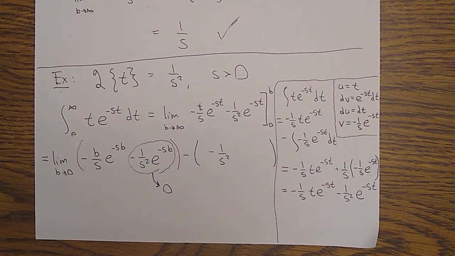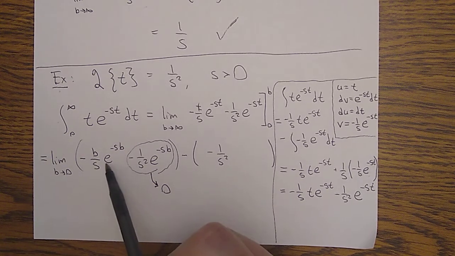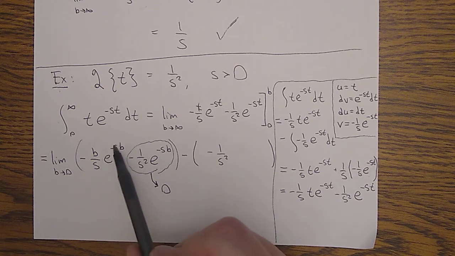It is not as obvious that this term is going to 0. For this term, there's a name for these, indeterminate form. This is like infinity times 0, because this part is going to 0, we said that before, it's like e to the negative infinity.